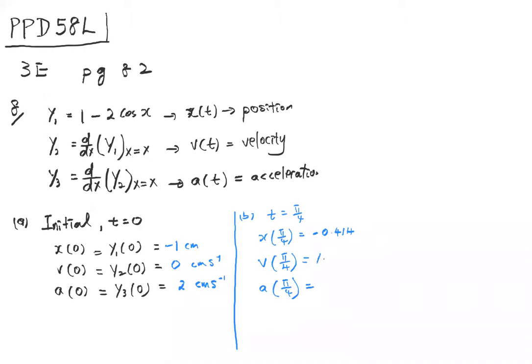Okay, the acceleration also 1.414, because it's the same. Cos pi by 4 and sin pi by 4 are the same. Okay, now. Got it? So you can all use calculator.